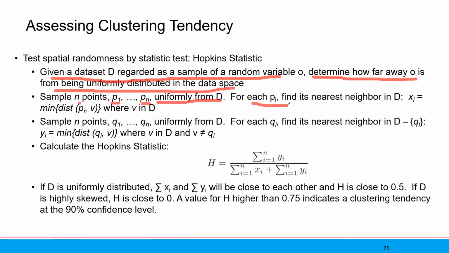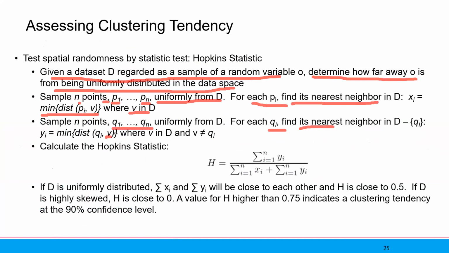So for each of the Pi, find its nearest neighbor. So we want to find the minimum distance where we have the phi. Phi is the point in the D. And also we want to find another point which is Q. So we have P and Q, and we want to find also the nearest neighbor for every Q with regard to phi.